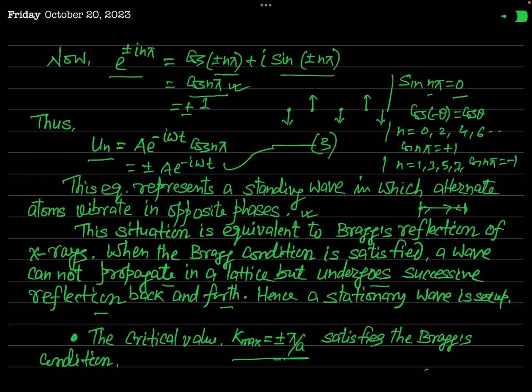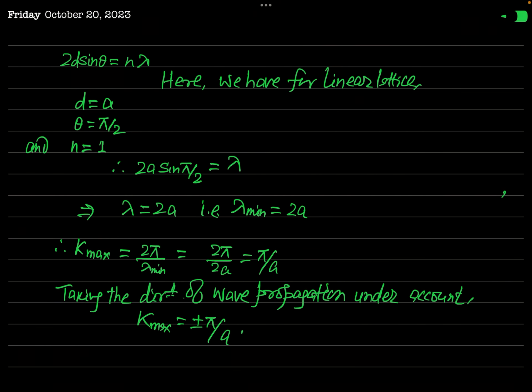Now we will see that if you take k equal to this much, then Bragg's condition will get satisfied. You know, Bragg's equation you have studied. According to Bragg's law, 2d sine theta equal to n lambda when the intensity is maximum. This equation is called Bragg's equation, or Bragg's law.